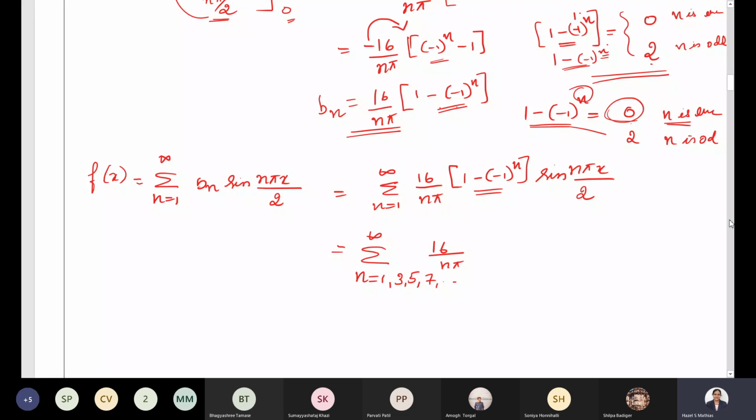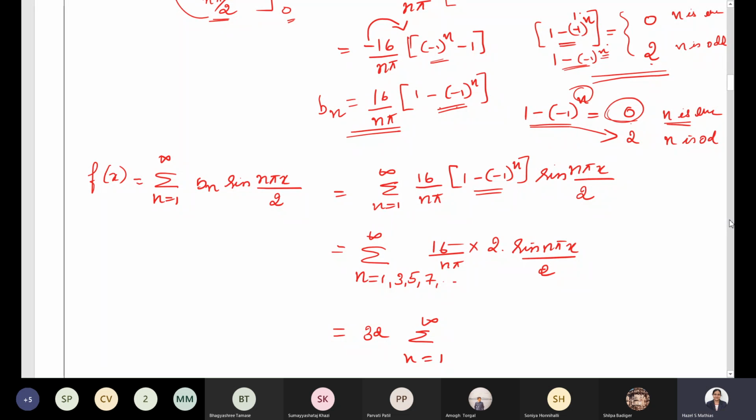What is that? It is equal to 2 into 2 into sine n pi x divided by 2. So this is equal to what? 16 twos are 32, summation n equal to 1 to infinity.